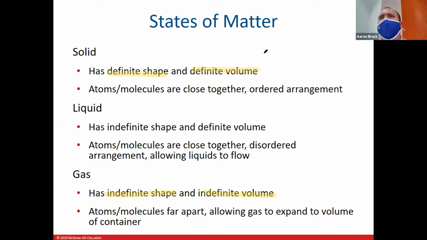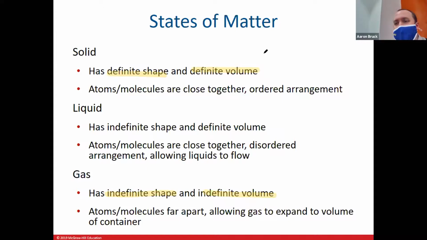Gases, on the other hand, complete opposite. Molecules are far apart from each other. They take up their entire space of whatever container that we put them into. And so for those reasons, they don't have any defined shape. They don't have any defined volume. They basically are wherever we put them.